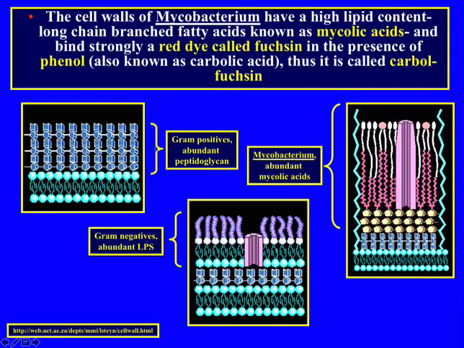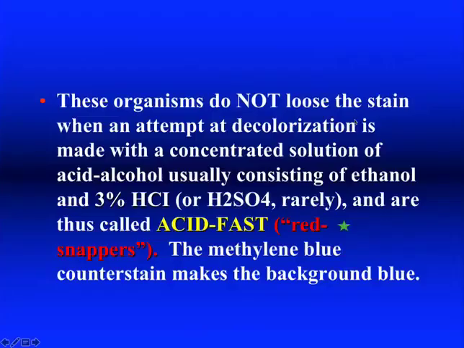While gram-positives have a lot of peptidoglycan, and gram-negatives have a lot of LPS, Mycobacteria as a genus have a lot of these long mycolic acids that love to bind the red stain carbol fuchsin.